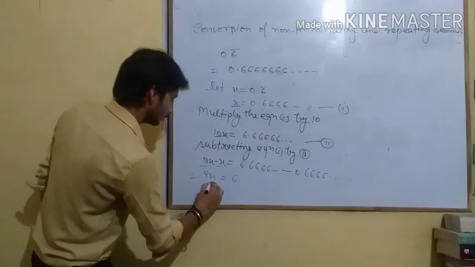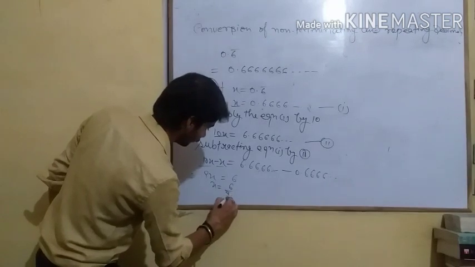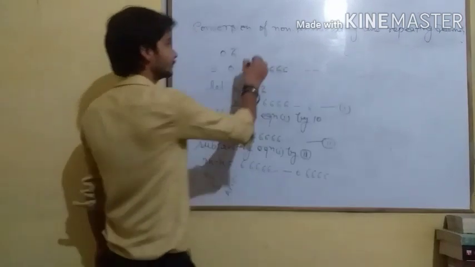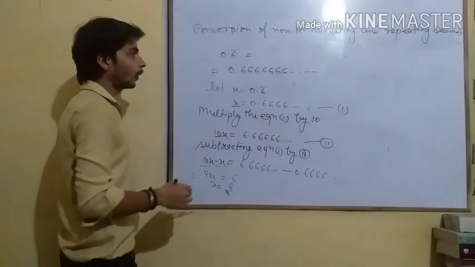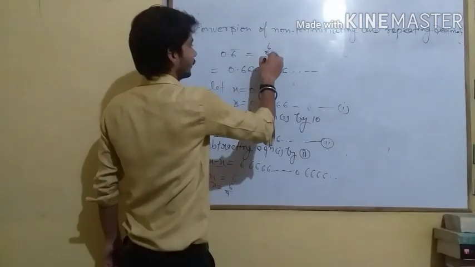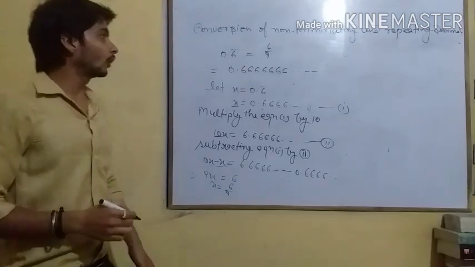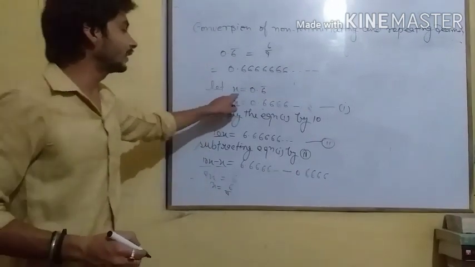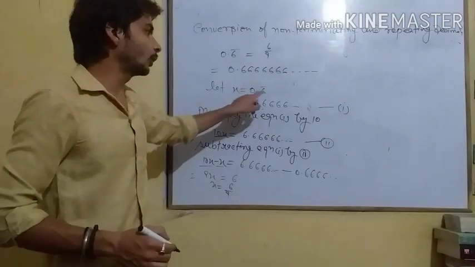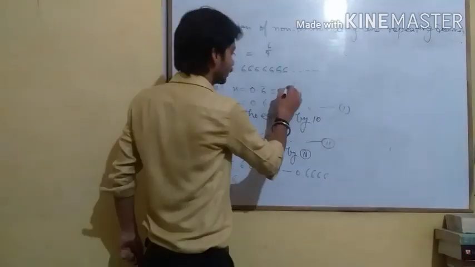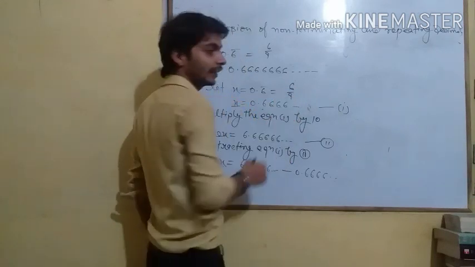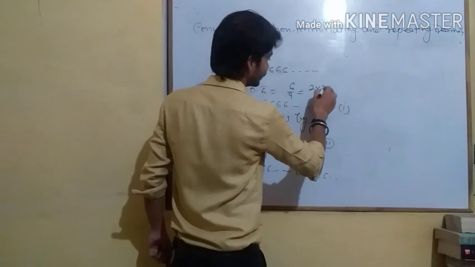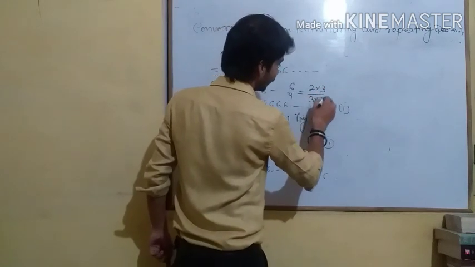Now x is equal to 6 upon 9, and this is the form of p upon q for 0.6 bar, because this is the value of x. We let 0.6 bar equal 6 upon 9, and we can factorize it. 2 threes are 6 and 3 threes are 9.